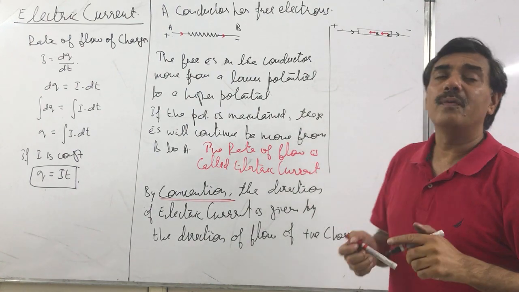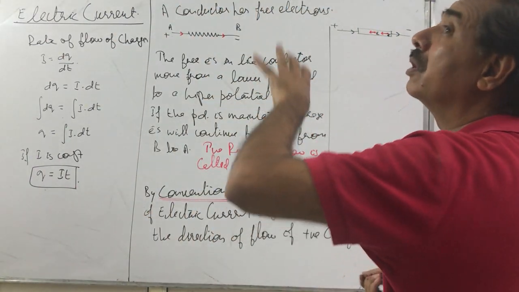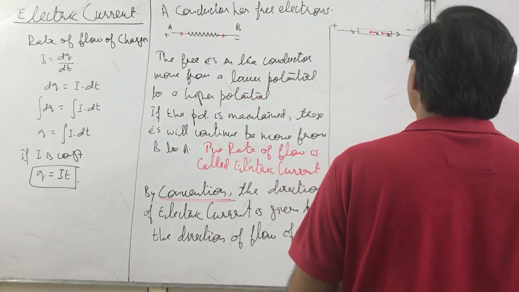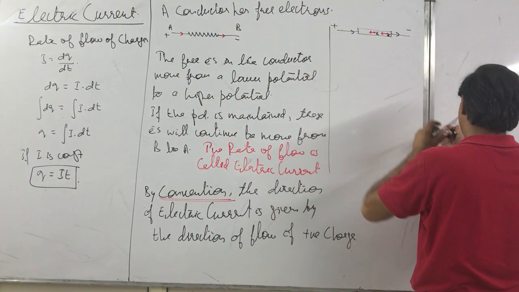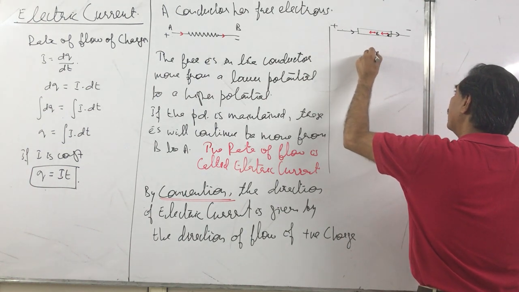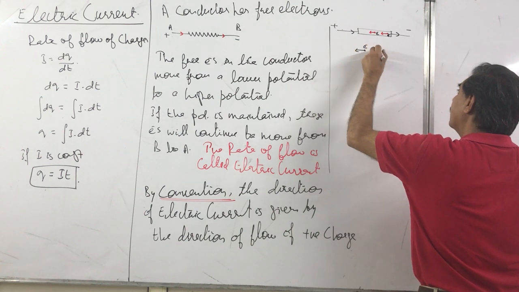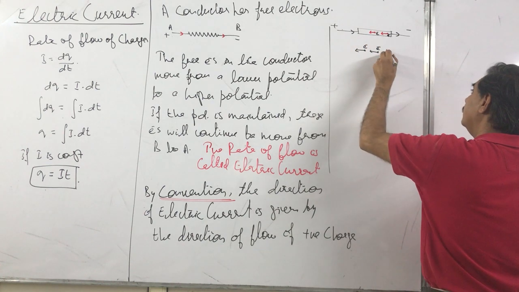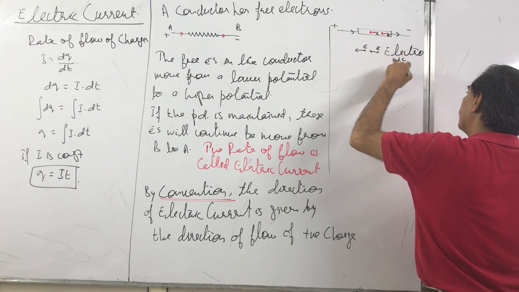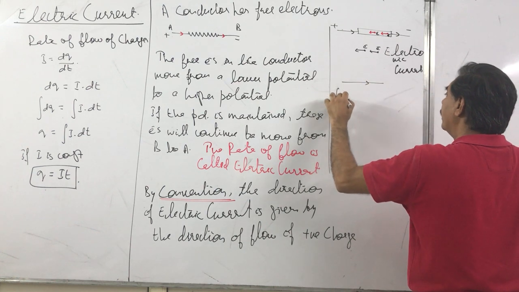The direction of flow of electrons is called electronic current, but the current that we know is actually conventional current. So this is the direction of conventional current, this is the direction of electronic current.